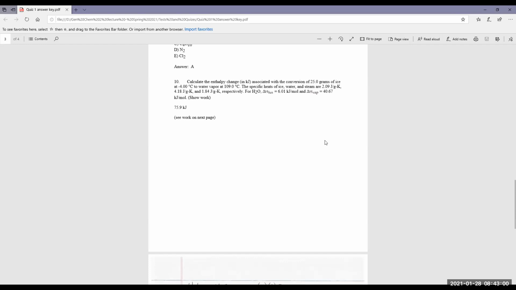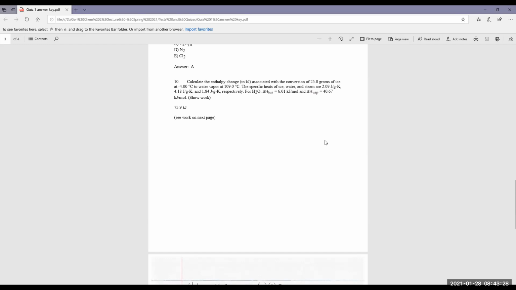There are a couple things you needed to be aware of to get this problem correct. One is you need to realize you're working with water, and you needed to remember that water freezes at 0 degrees C and boils at 100 degrees C. So you're going to have transitions at those 2 temperatures. If you remembered that, that helped you piece it together.